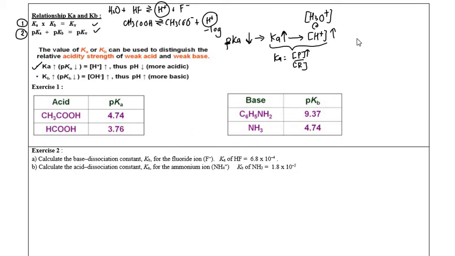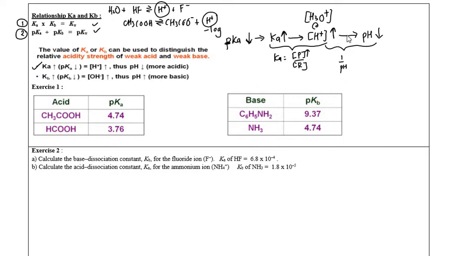So, continue here. When concentration H plus tinggi, that means pH-nya akan jadi rendah. Sebab relationship di sini adalah inversely proportional.